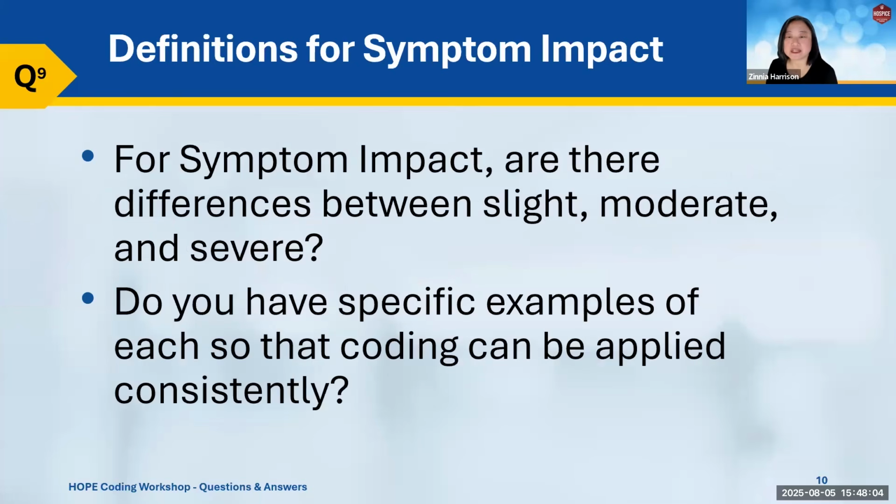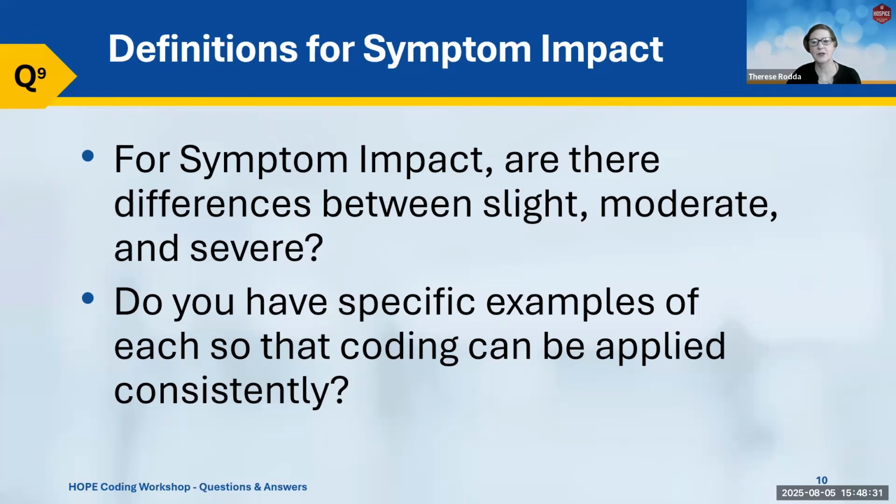Let's go to the next one. So for symptom impact, are there differences between slight, moderate, and severe? Do you have specific examples of each so that coding can be applied consistently? The coding for symptom impact is based on the individual clinician's assessment of the patient, including interviews with the patient and caregivers.